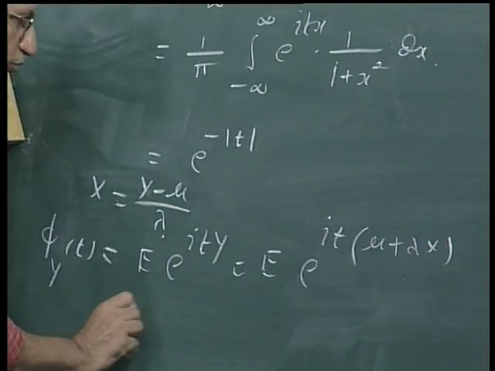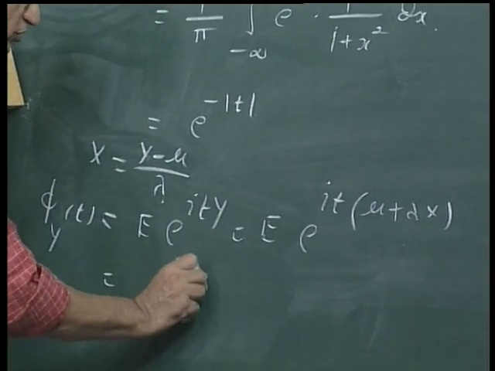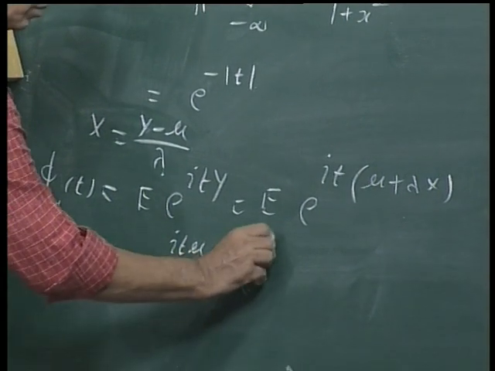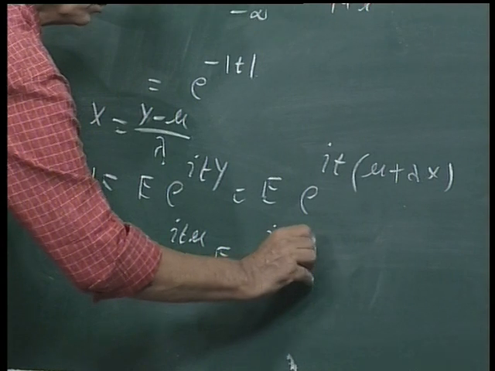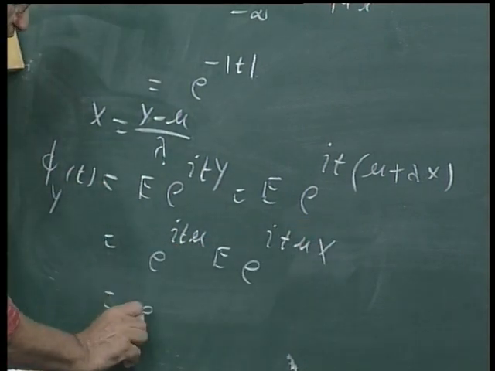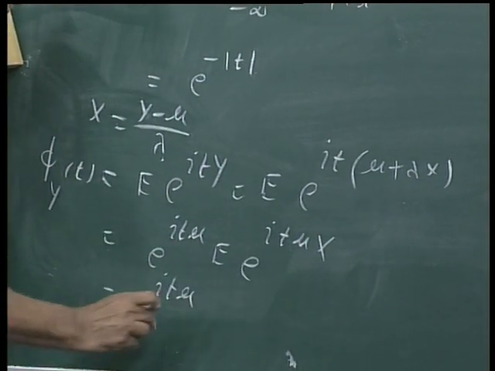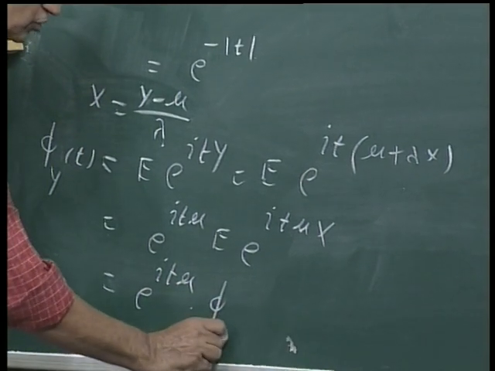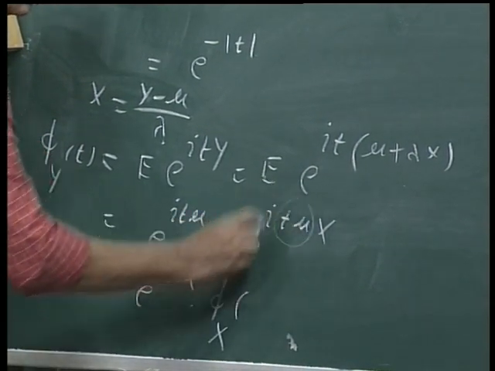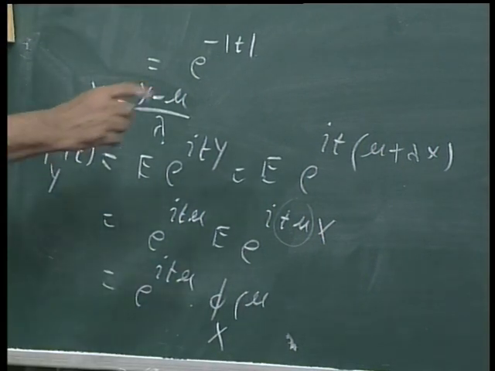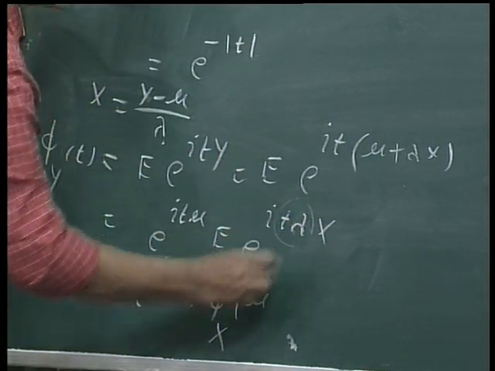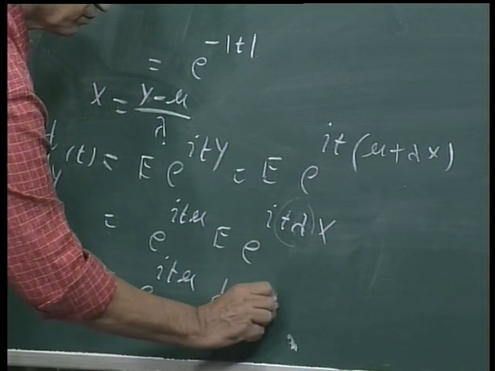So this is equal to e raised to i t mu, which is constant, and expected value of e raised to i t lambda x, and therefore this is e raised to i t mu into characteristic function of x with parameter t lambda, so e raised to minus lambda t.